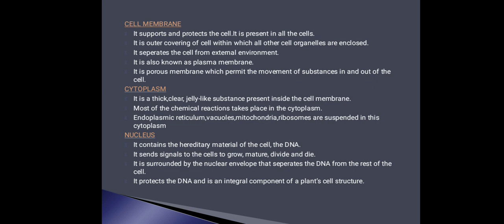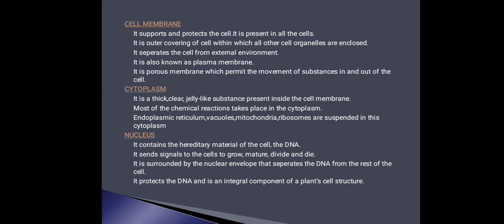And coming to the nucleus, it is the structure which contains the hereditary material like DNA or RNA, and it sends signals to the cells to grow, mature, divide and die. The nucleus is surrounded by a nuclear membrane, and the inner hereditary material is protected by the nuclear membrane from the rest of the cell.